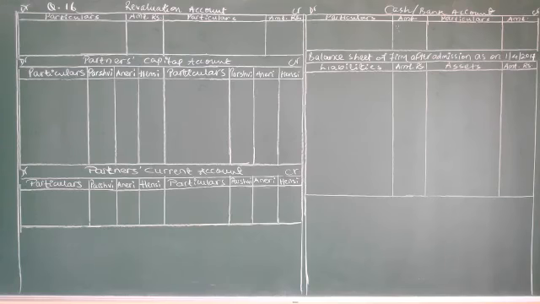In the fifth adjustment, the firm's expense is paid by the partner. Then this fifth should be ticked again in the capital of Aneri. Sixth, goodwill is valued at 90,000. Here the firm's goodwill is given.